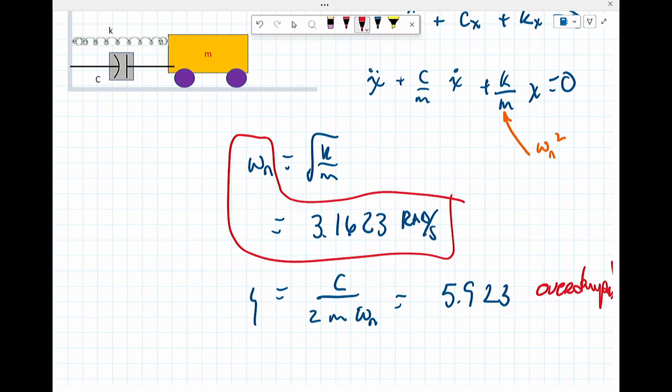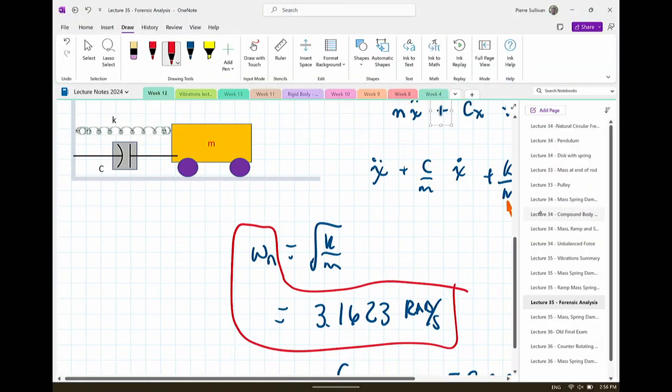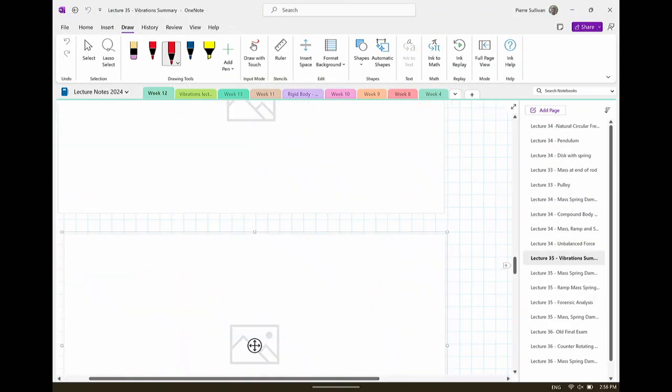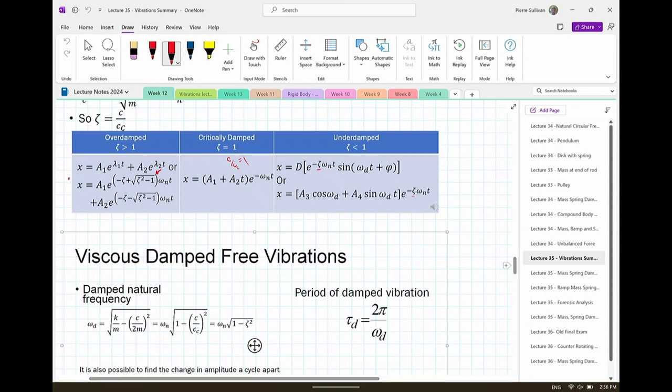So if I go back to my table, this is the form I have. For zeta greater than 1, x equals A1 e to the lambda 1 t plus A2 e to the lambda 2 t, or I can expand it out in terms of zeta, which I have just below, and omega n.